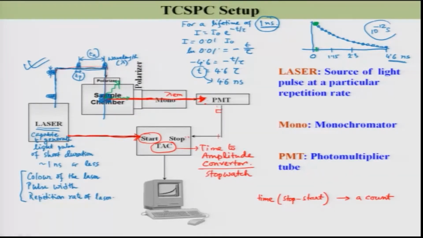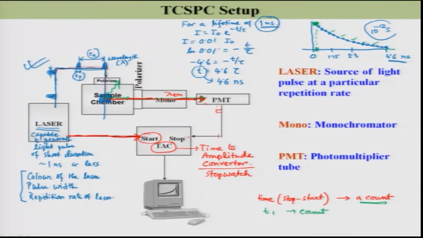Let us consider that the photon at this particular time is emitted and it is along this particular line, and you got a signal, a count for time t1. Obviously, after that, photons at later times will be emitted until it reaches 4.6 nanoseconds in this particular case.